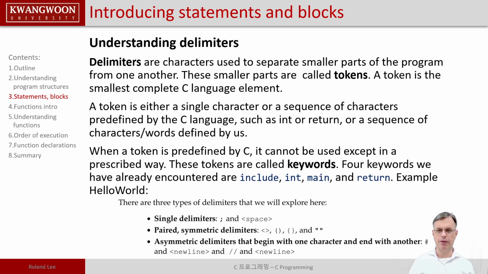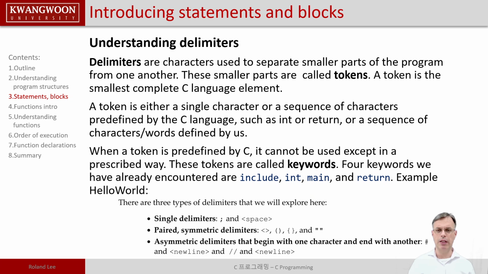Delimiters are characters used to separate smaller parts of the program from one another. These small parts are called tokens. A token is the smallest complete C language element. A token is either a single character or a sequence of characters predefined by the C language, such as int or return, or a sequence of characters, words defined by us, so defined by you, which we will then also learn about later.